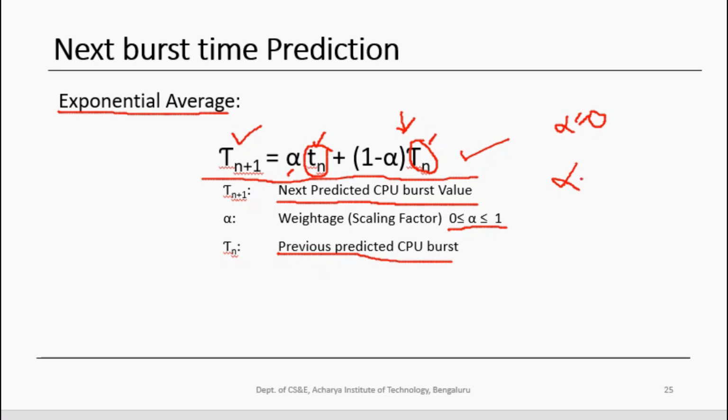If you take alpha is equal to 1, in that case it completely depends on the recent CPU burst value. So in order to give equal weightage for recent CPU burst time and the history, normally the value of alpha is taken as 0.5 or 1 by 2. So this is one of the approaches used to calculate the next CPU burst value.